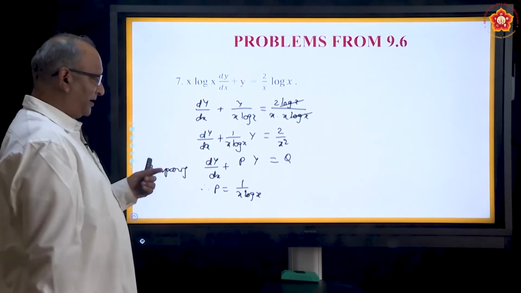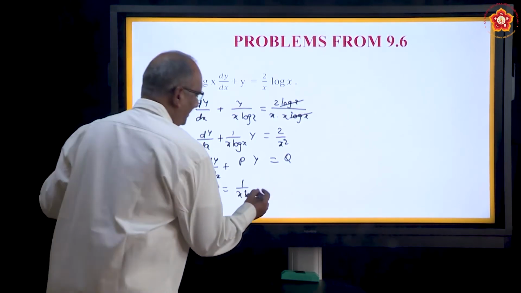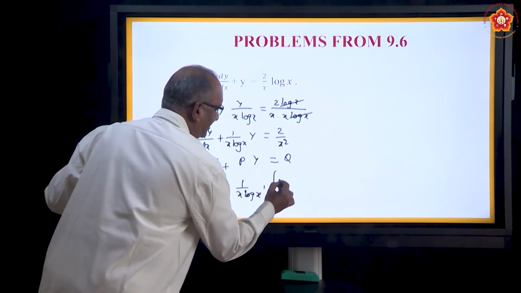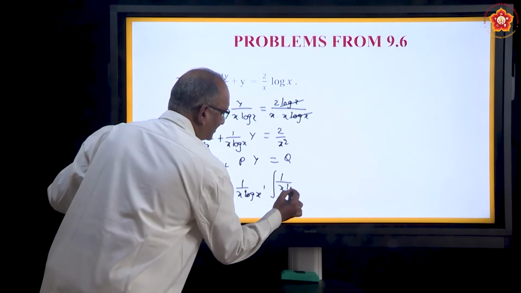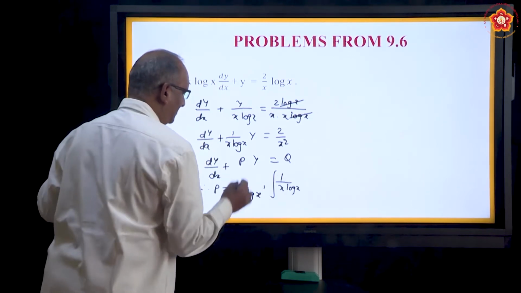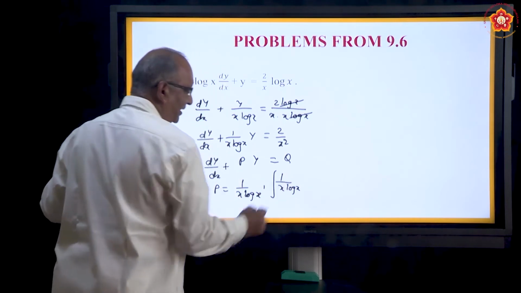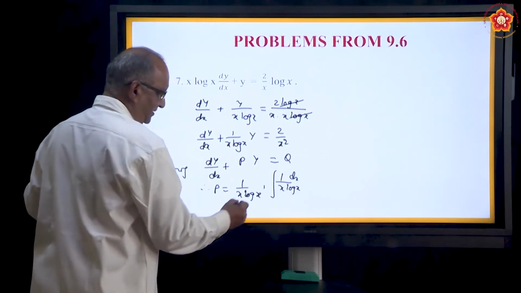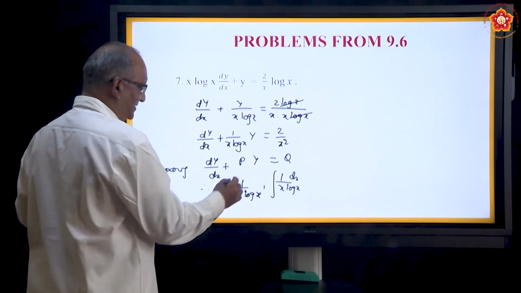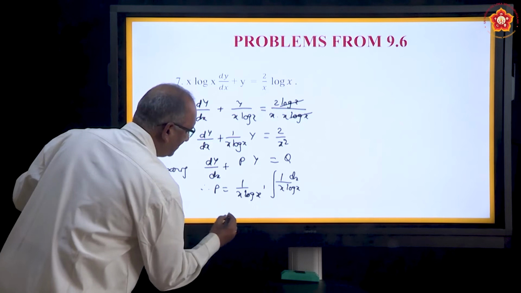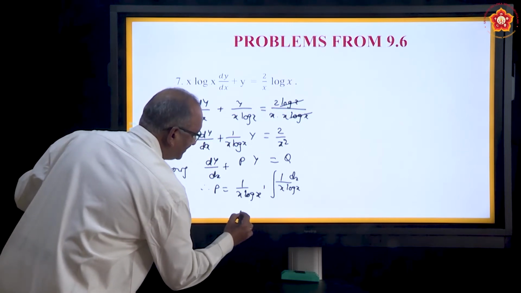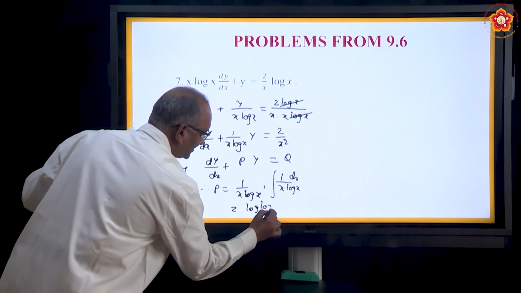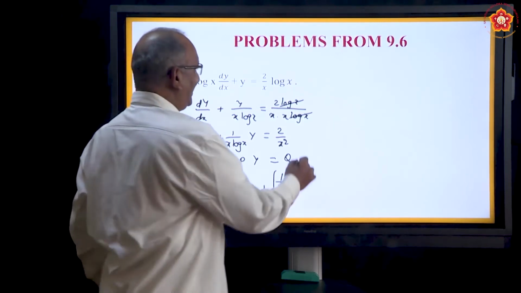What is to be done by knowing this? We find the integration factor, or even before that, find the integral of 1 upon x log x, that is p dx. Take log x as t, 1 upon x dx becomes dt, and you get dt by t. What is the integration factor?